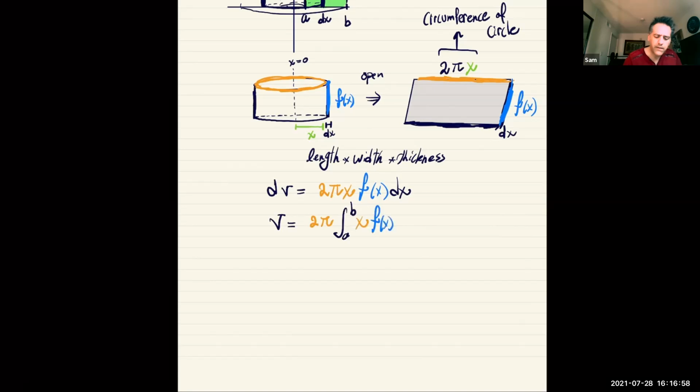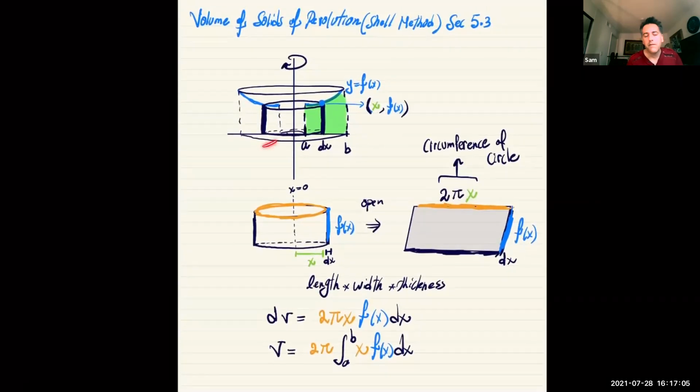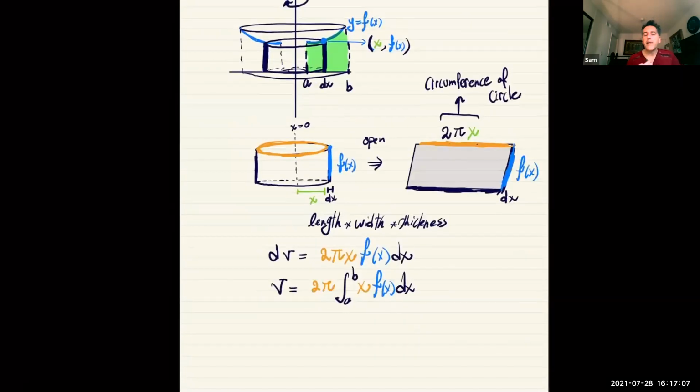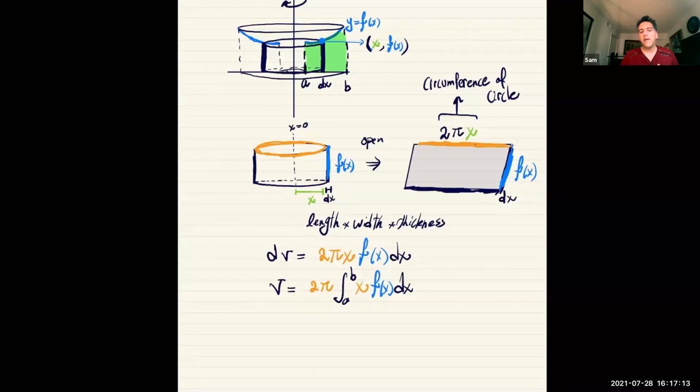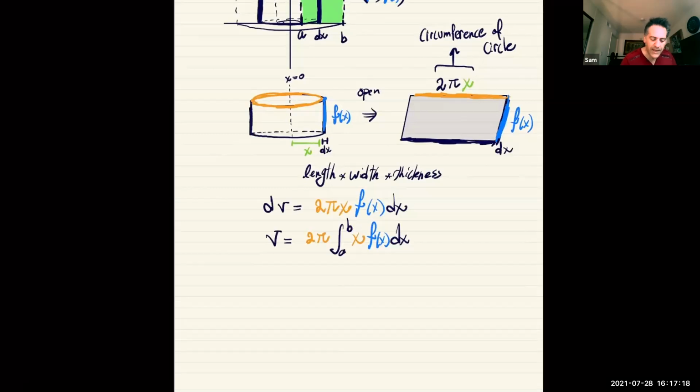So this is the derivation of the volume for this specific example. But on the exam, I want you to derive this on your own every time. I'll show you how to do problems. But any questions before we take a break?